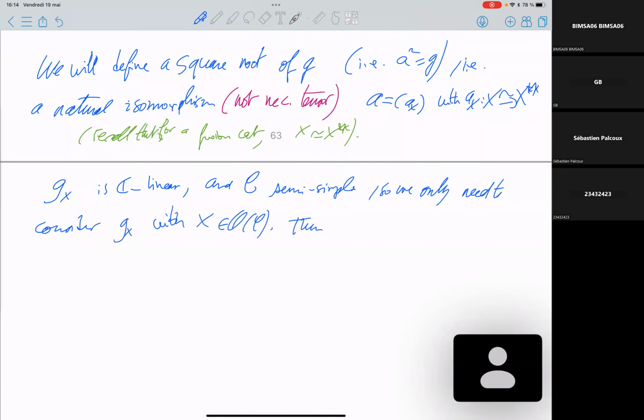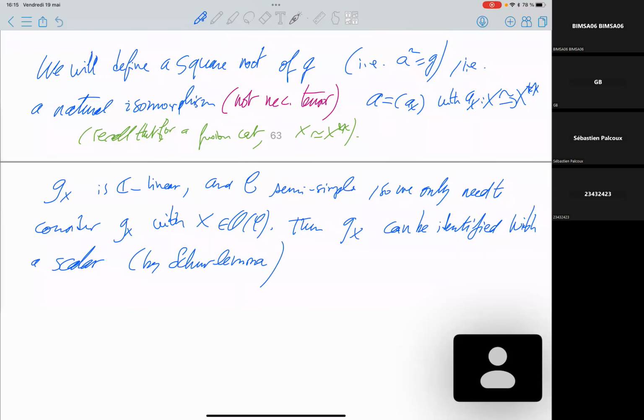Then G_X is a scalar, can be identified with a scalar because by Schur's lemma.